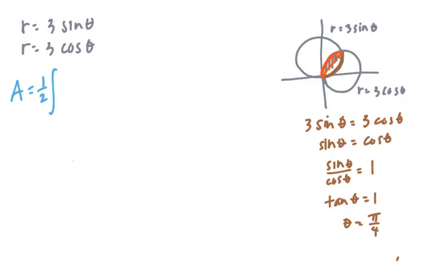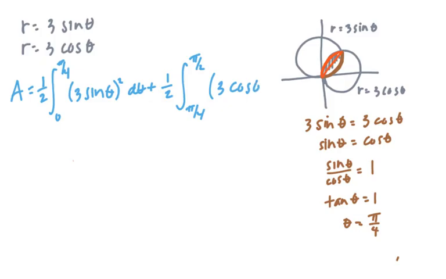1/2 the integration from 0 to pi over 4 of (3 sine theta) squared with respect to theta, plus 1/2 the integration from pi over 4 to pi over 2 of (3 cosine of theta) squared d theta.